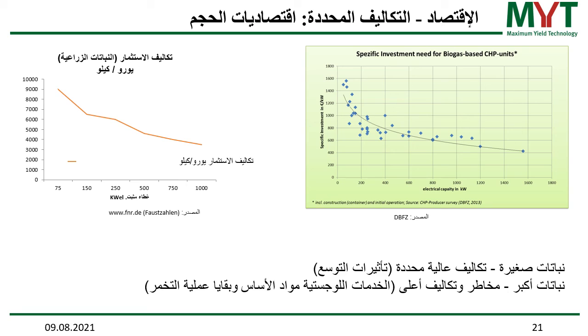However, what you can see is actually that the larger the facility is, the lower the specific investment costs get. And this is a very important point, that biogas plants are really highly influenced by economy of scale. On the right-hand side here, you can see that this is not only for the overall biogas plants true, it also holds true for the CHP units. And this is something you have to consider when designing a biogas plant.